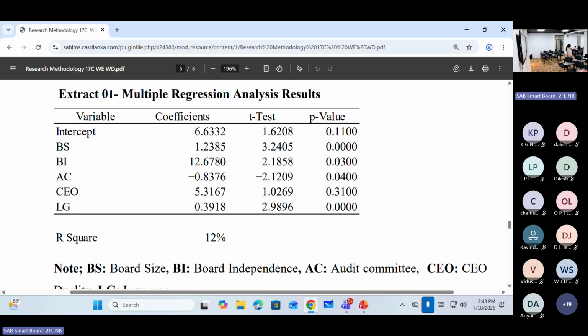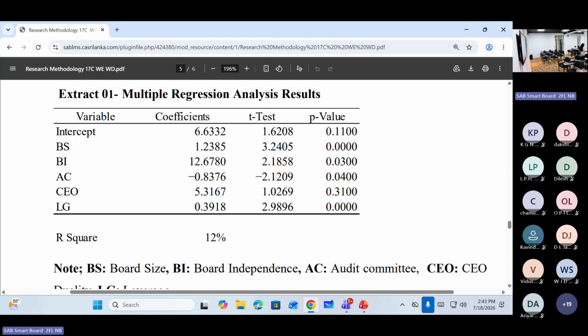Is that significant or not? That's significant, right? The hypothesized relationship is significant, and positive or negative?